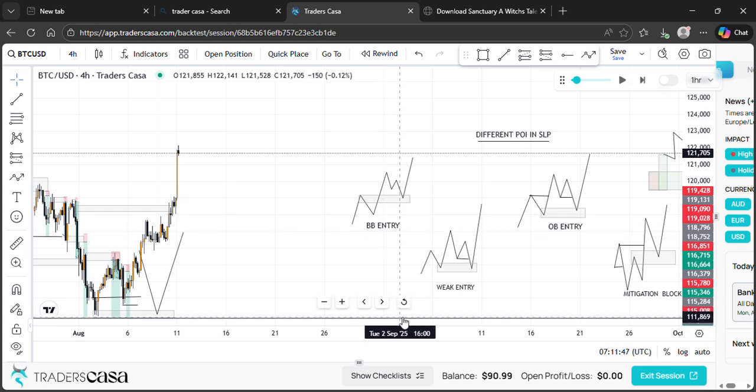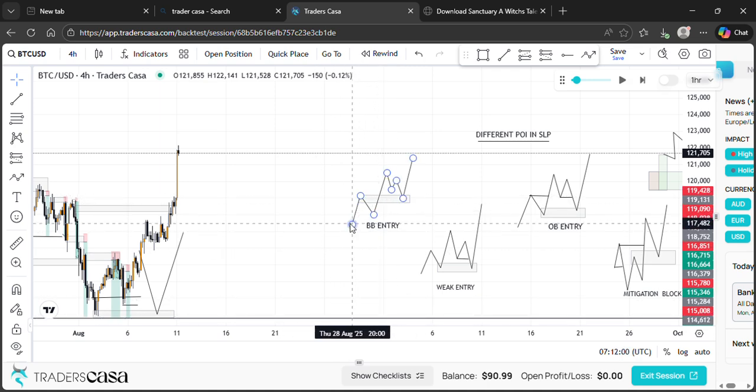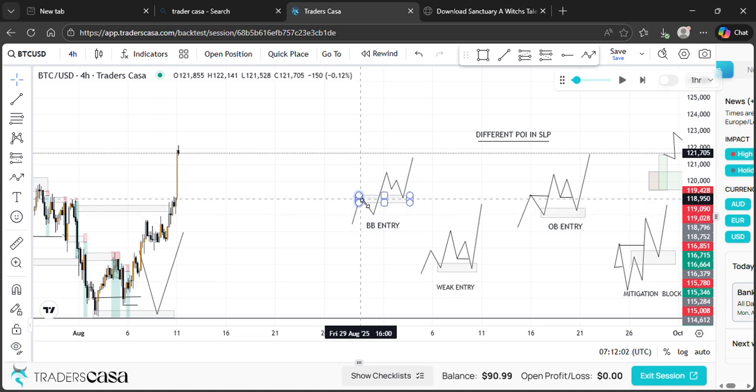So we talk about the breaker block. A breaker block is a failed order block. It's a failed order block in the sense that the market has made you believe that the order block is going to be mitigated.